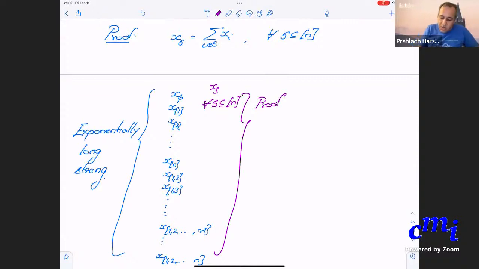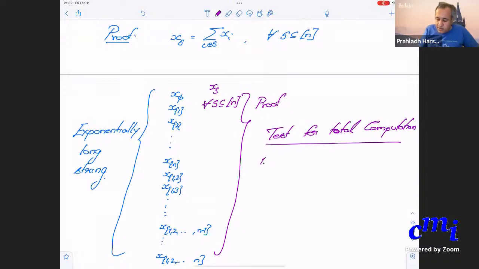And now, how do I do the test for checking the computation? It's going to be this following test. I'm going to pick two subsets, S and T at random.